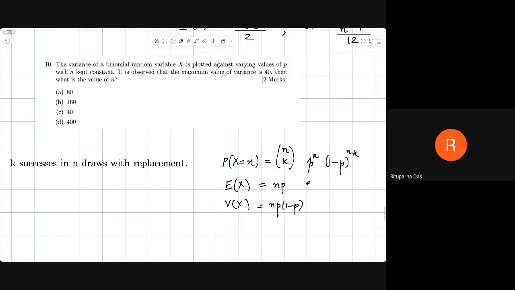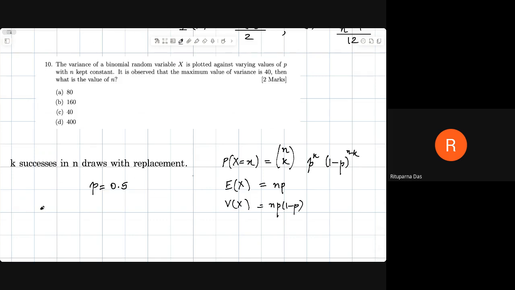The problem is that the maximum value of variance is 40. So when we say maximum value, then we mean that p should be 0.5, because when p is 0.5, the value of variance is maximum. So we have to calculate the value of n from this.